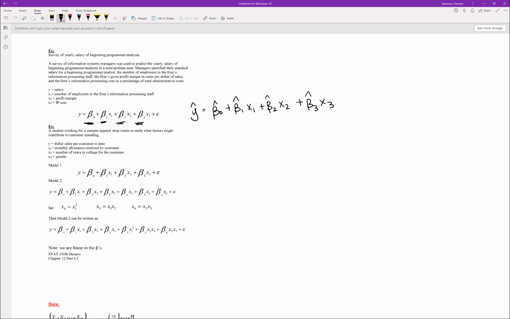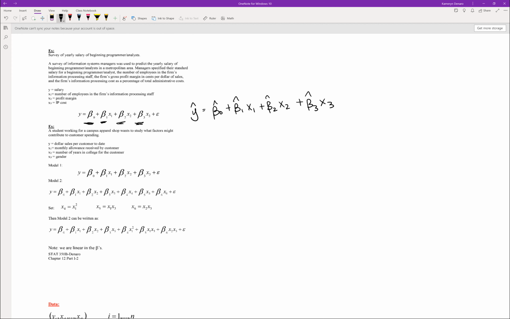And so if we knew the number of employees in the firm's information processing staff, the profit margin, and the IP cost, we could then estimate the starting salary of the beginning programmer/analyst in that particular metropolitan area. All right, another example.